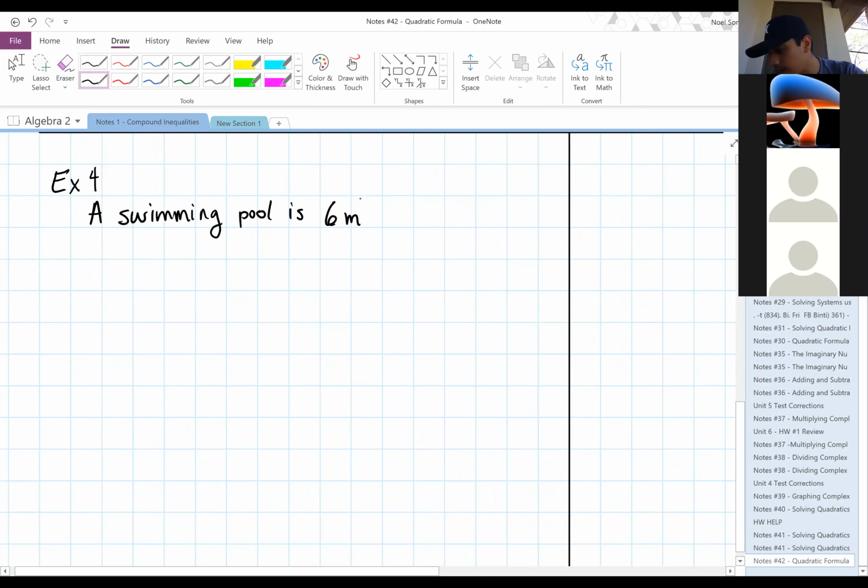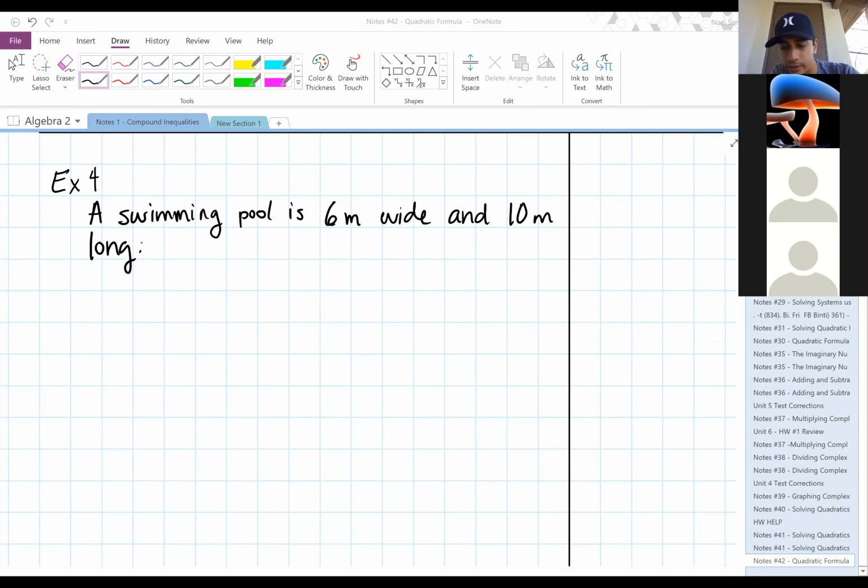6 meters wide and 10 meters long. Yeah, you're going to want to write the question down. Okay. A swimming pool is 6 meters wide and 10 meters long.